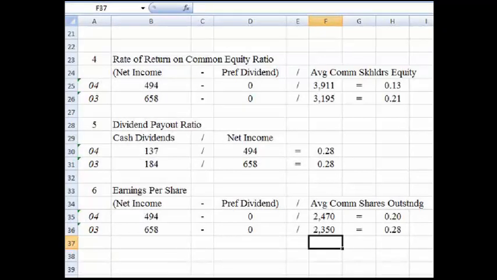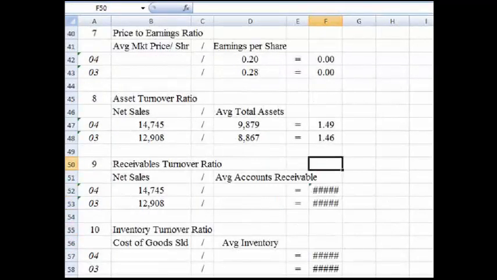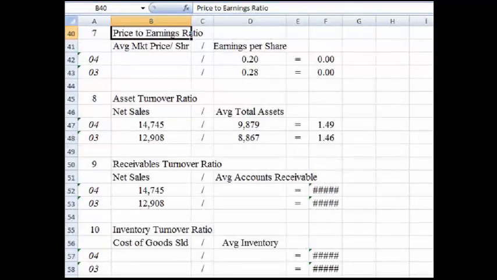We'll once again need to jump down a page on the screen. The next ratio is the price-to-earnings ratio. This is another of those profitability ratios that the investment community really likes. This compares the earnings per share to the price of the stock on the resale market. The earnings per share have been carried down from the prior ratio, and the average market price for 2004 and 2003 are in the additional information section in the problem.